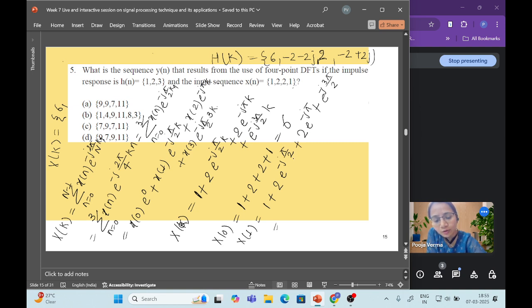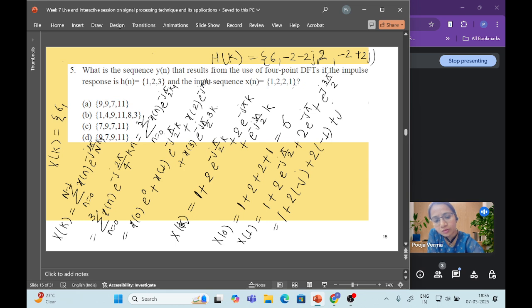Okay, you will find out these values: e to the power minus j pi by 2, e to the power minus j pi, e to the power minus j 3 pi by 2. Already I have told you how to calculate. Okay, so here we will get 1 plus 2 minus j plus 2, here e to the power minus j pi value is minus 1, plus that we will get j.